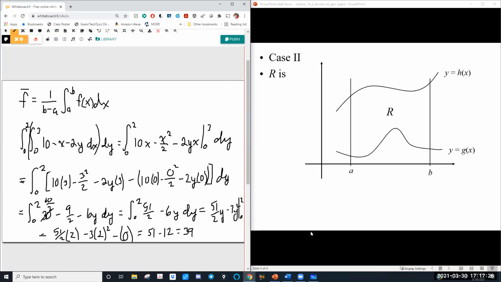Now, case number 2 is if the top and the bottom of our region are defined by functions. In this case, the order does matter. The reason it matters is because eventually we want to get to a number. Well, if our upper and lower region are given in terms of x, and we integrate with respect to x first and then with respect to y, we won't have an opportunity to integrate out the x.